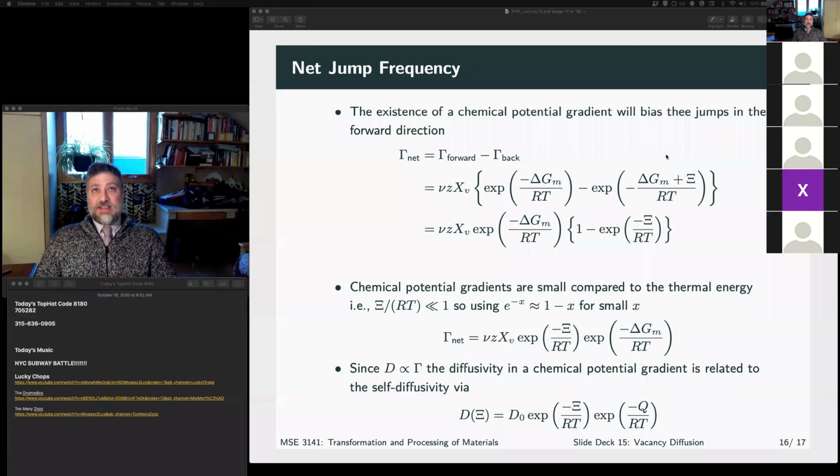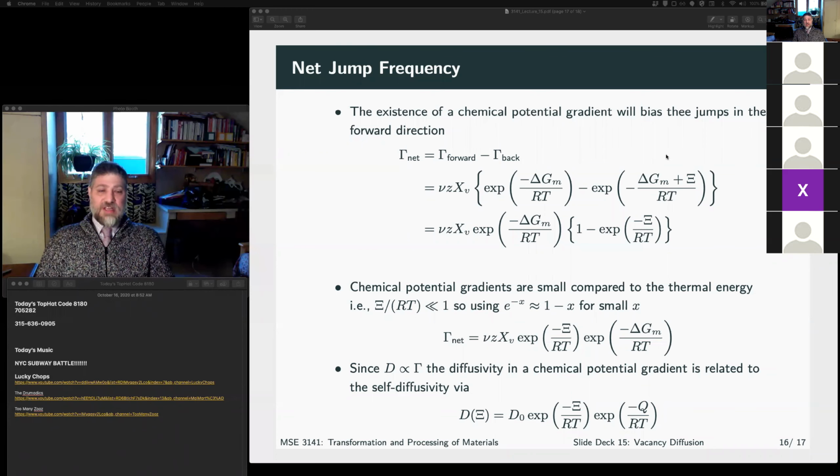So what that tells us is that in general, when we're thinking about diffusion in metals, the electronic effects, the electronic conduction, happens on a much faster time scale than diffusion.